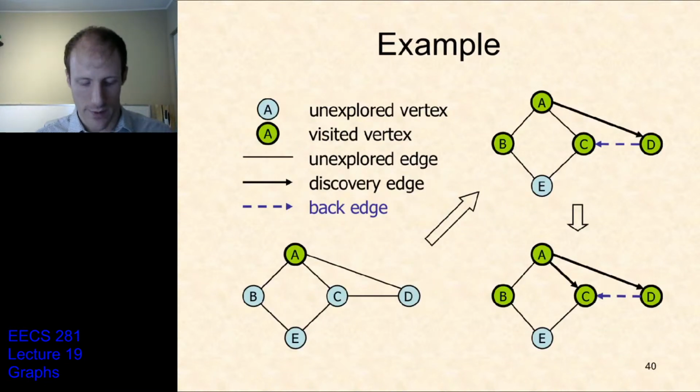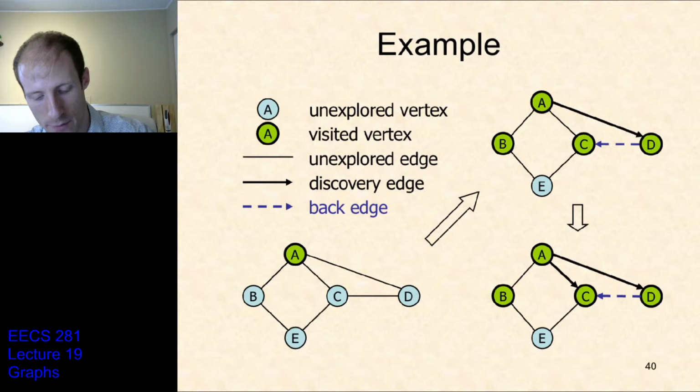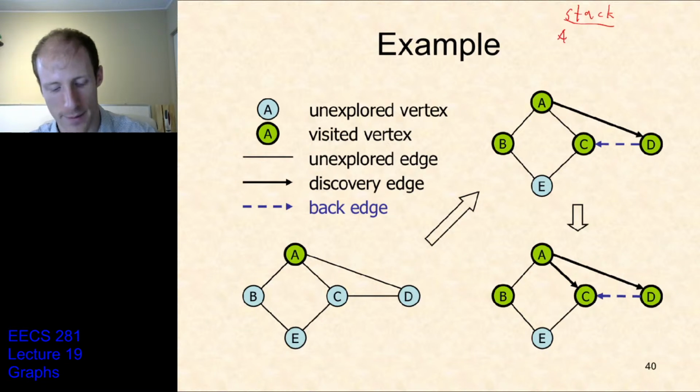So as an example of depth first search, let's say we have this graph here, and we're going to start at A. So step one is we're going to have a stack with A in the stack.